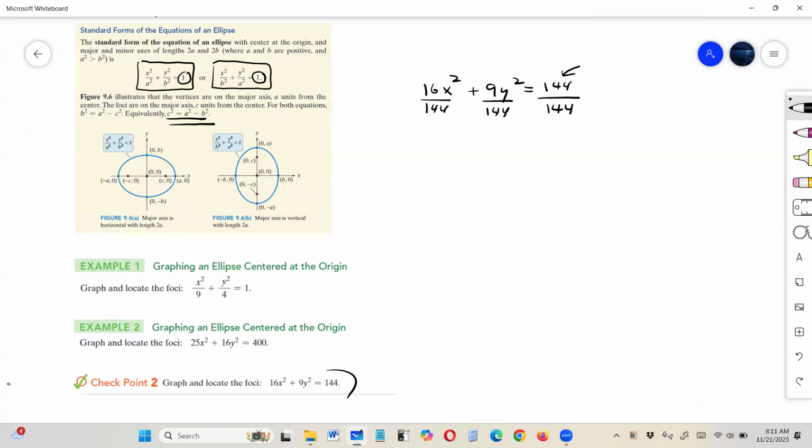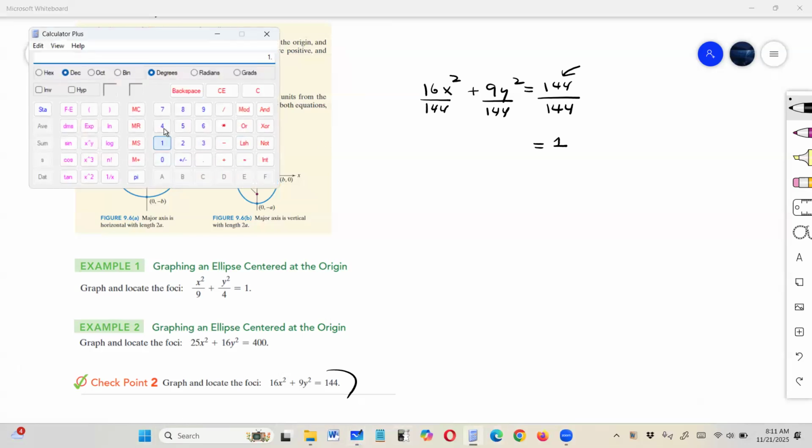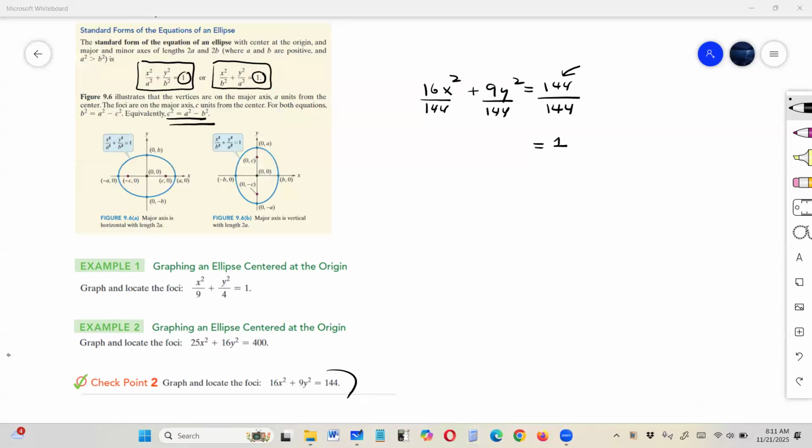All right. So obviously this is 1. And let's check what 144 divided by 9 is. Let's not make a mistake here. 144 divided by 9 is 16. So this is y squared over 16.